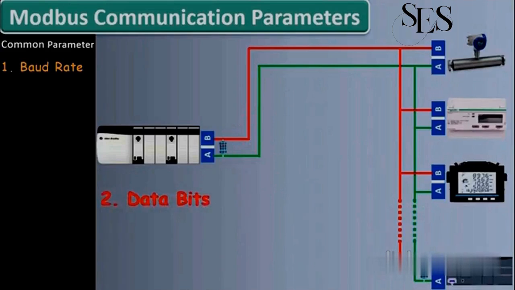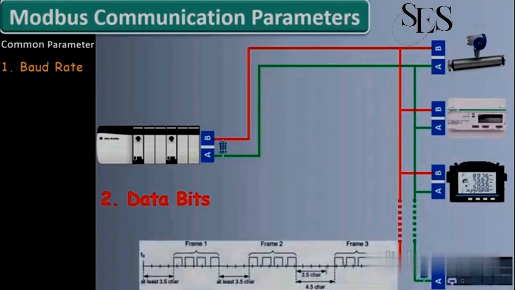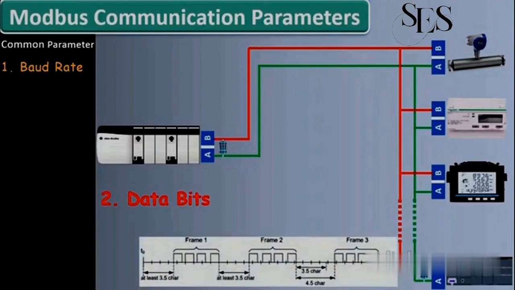As you know, data sent across a Modbus network is in the form of frames. There are two options for the number of data bits used for frame formation: 7 and 8.